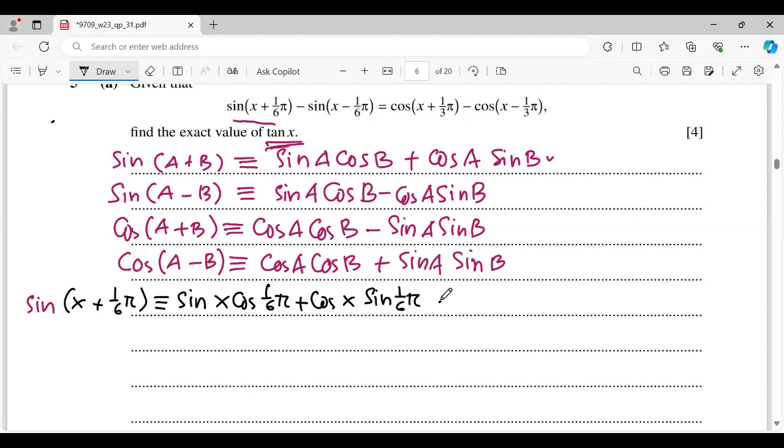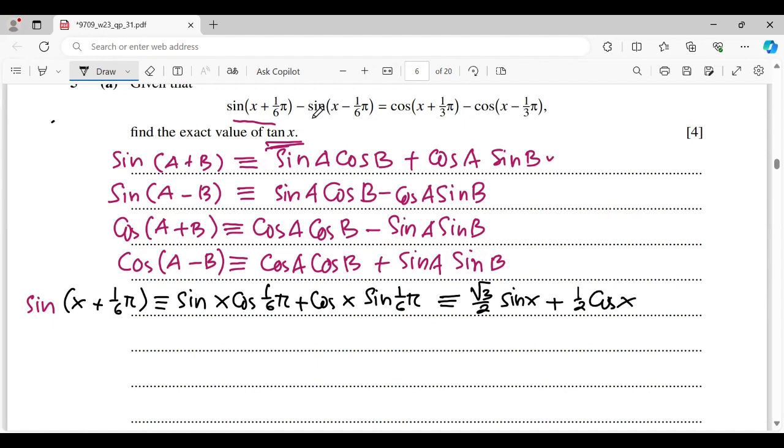Cosine 1 over 6 pi is square root 3 over 2, so square root 3 over 2 sine x plus, sine 1 over 6 pi is half, half cosine x. Okay.